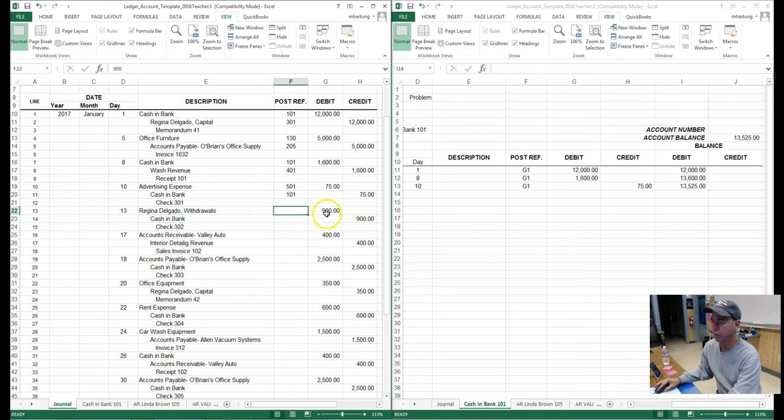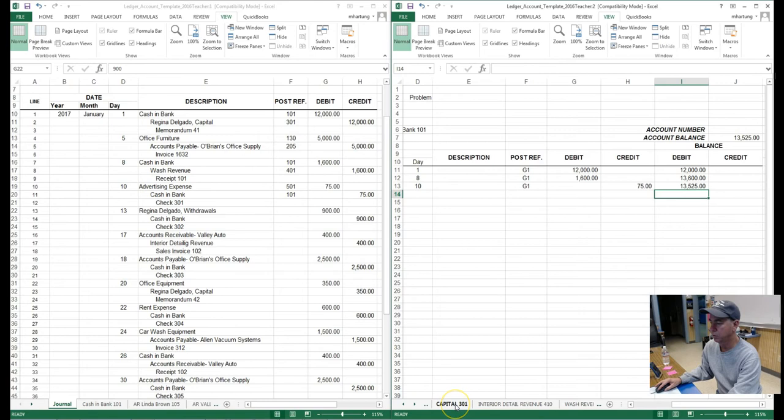We're going to have a debit of $900, so we're going to go look for that 300 level account because that is an owner's equity account. And I see that I do not have a withdrawal account. Forgot to include that. So what we can do is just simply duplicate one.